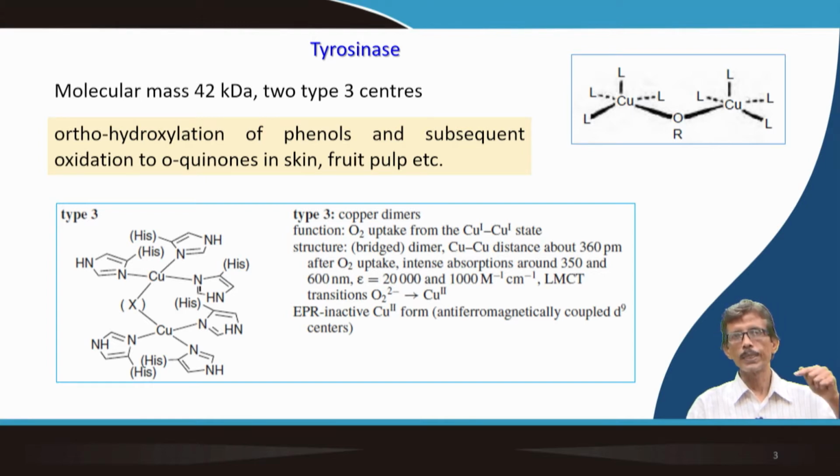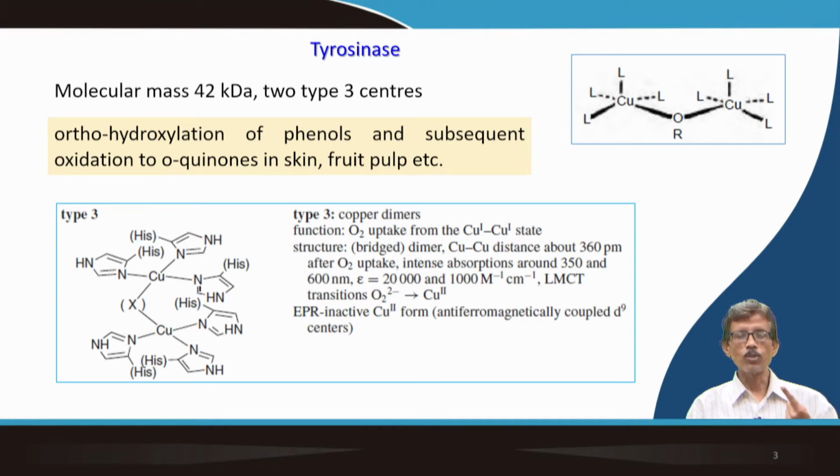Only the detailed positioning of the histidine residues, with their imidazole side chains coordinating to the copper centers, gives rise to this, and you have one group, which in this box is OR and here is written as X. That means you can have many groups there: a water molecule, a hydroxide group, alkoxide functions or many other things. So, oxygen uptake can take place at the 2 copper centers, supplying 2 electrons by shuttling the copper oxidation states between I and II.